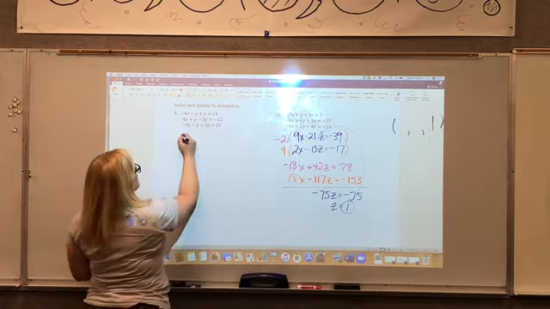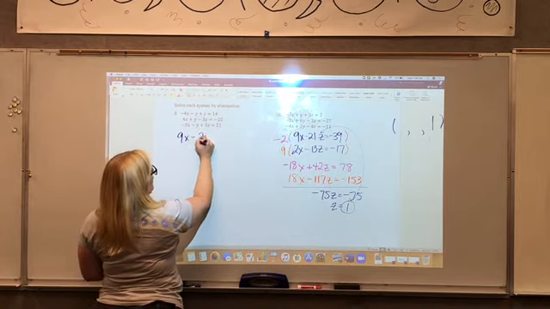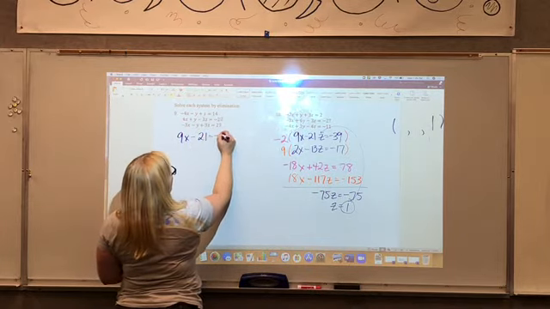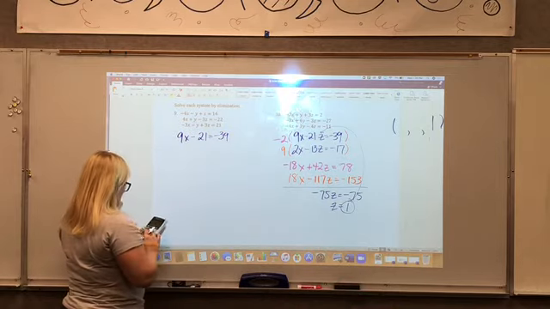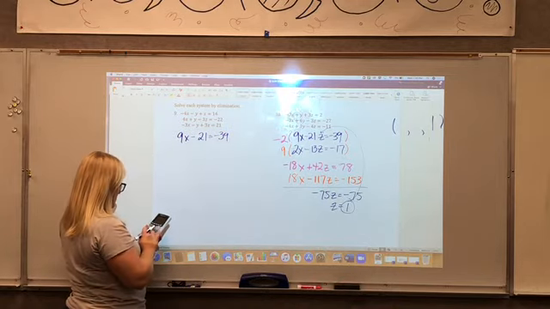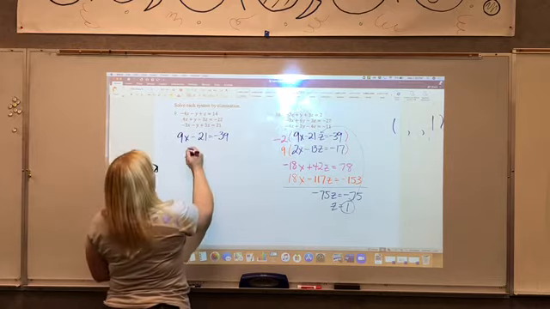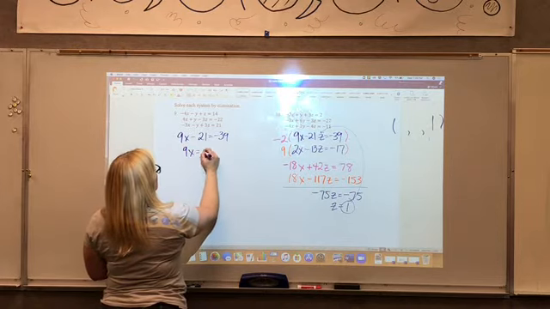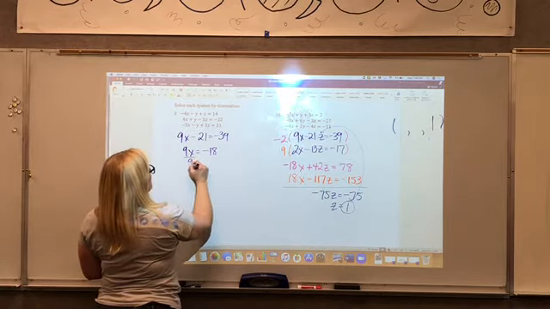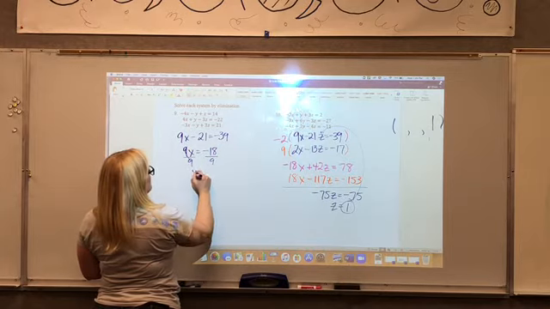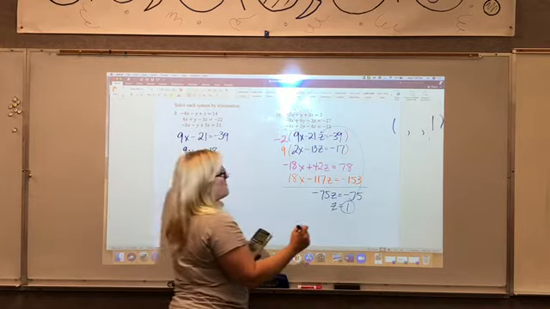So 9x minus 21 equals negative 39. So now I have 9x equals negative 18, divide by 9, x equals negative 2.